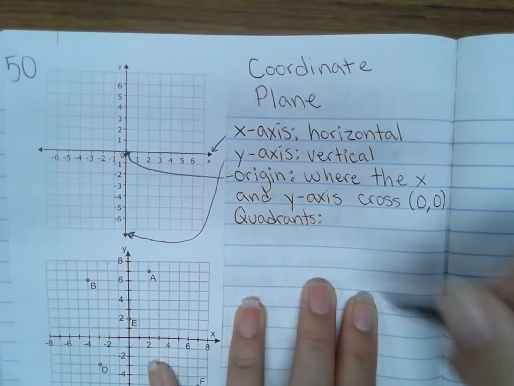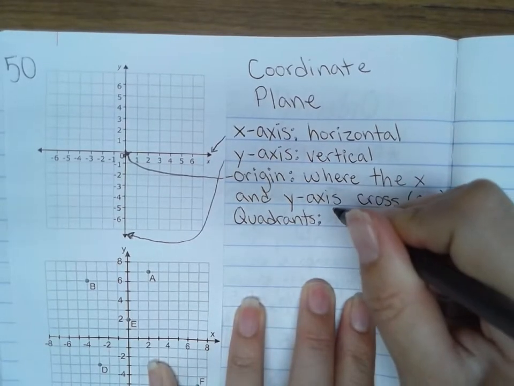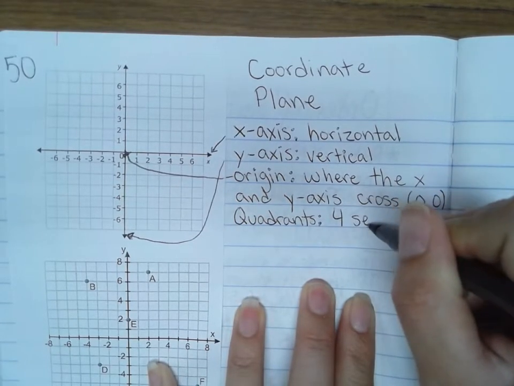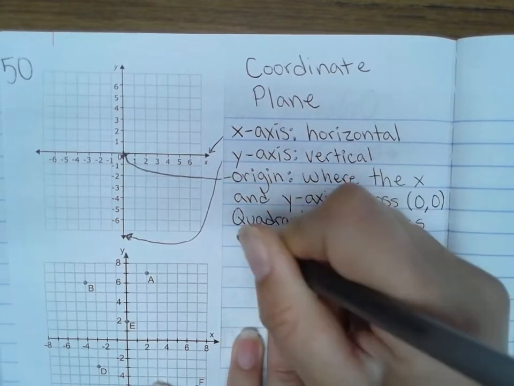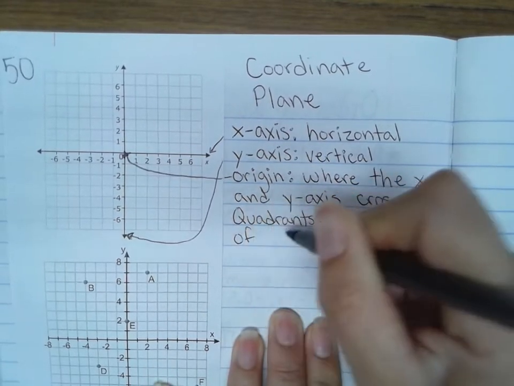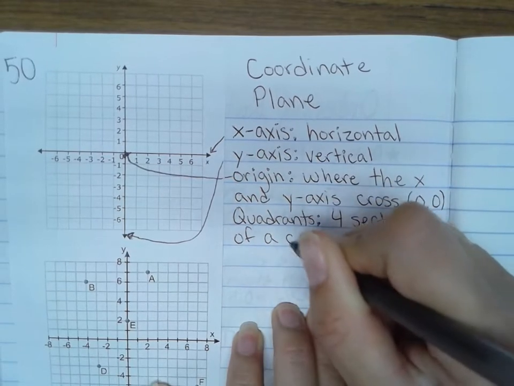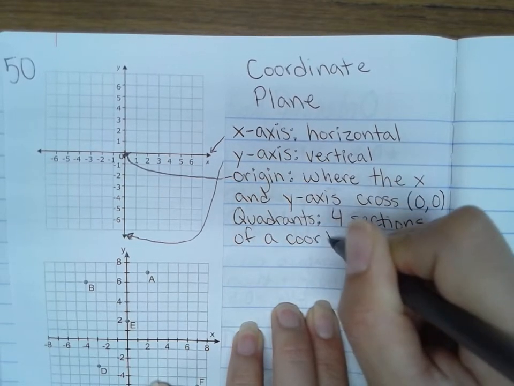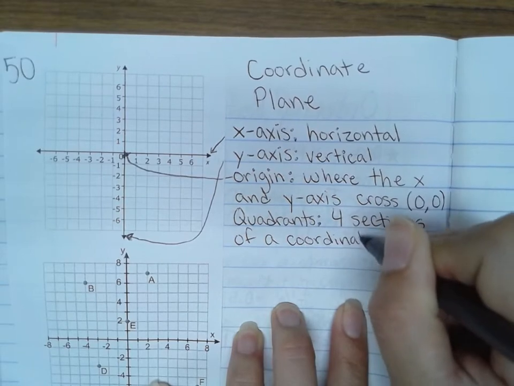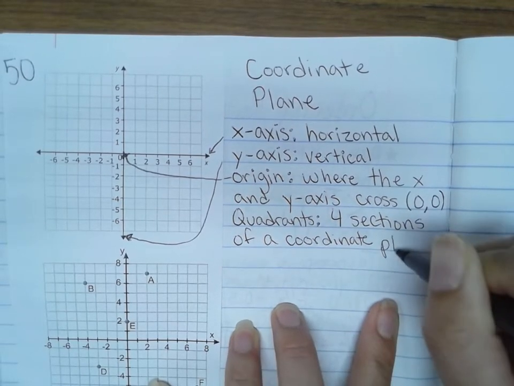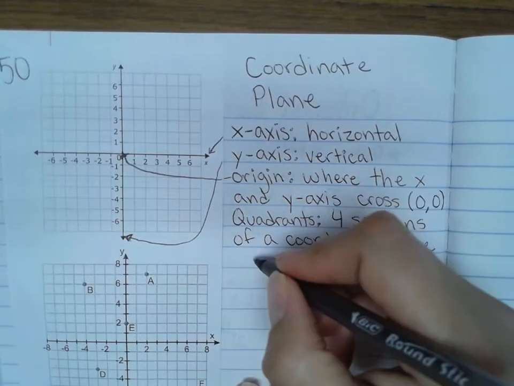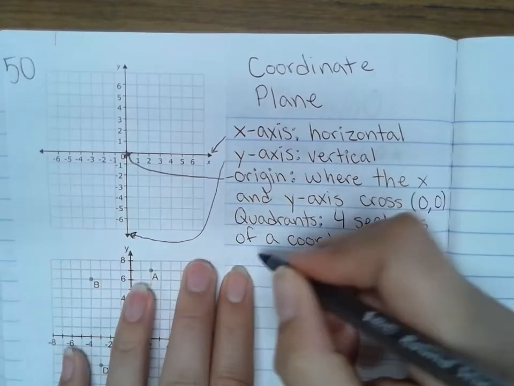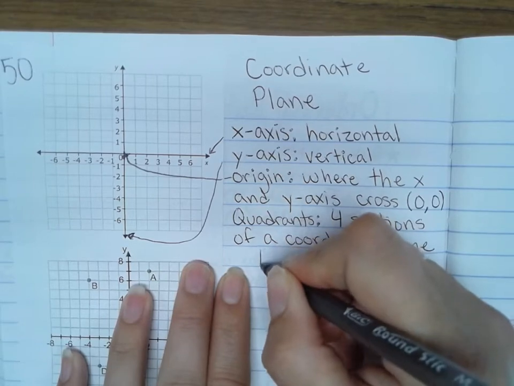Okay, and quadrants are the 4 sections of a coordinate plane. Okay, there are 4 of them, and they're labeled with Roman numerals. So there's quadrant 1.